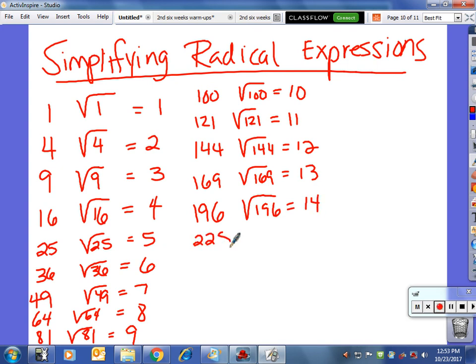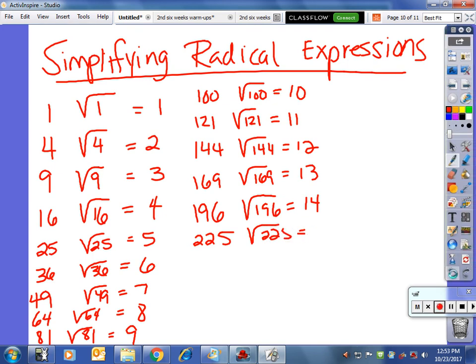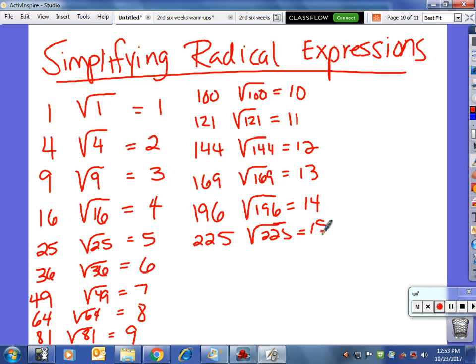And then 225 is 15 times 15. Now, these come up quite frequently. And it goes on forever. We could keep going by doing 16 times 16, 17 times 17, and sometimes those do pop up on you. These are the ones that you should be familiar with for sure.